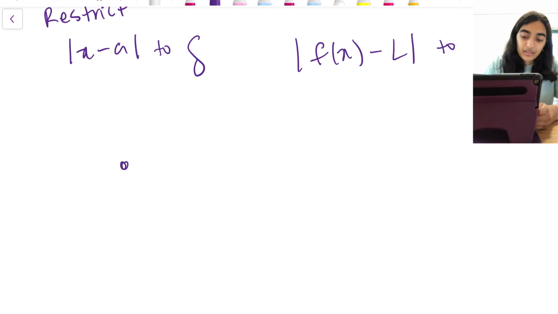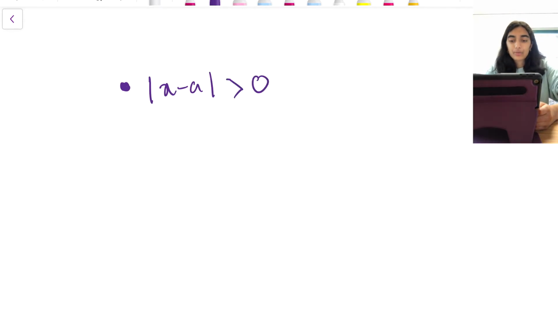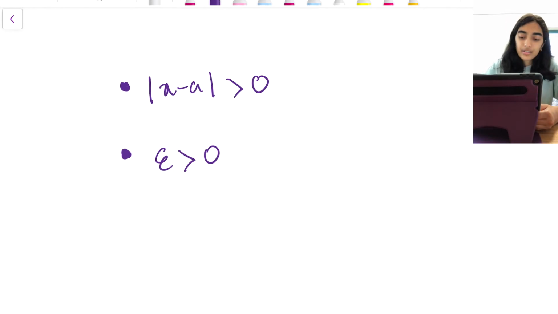There are three things. X minus a, let's say that difference is always positive, right? We're taking the absolute value and we're not going to be a negative distance away, so let's keep that convention. Let's also make sure that epsilon is greater than 0, same for f of x minus L. And our delta is going to be greater than 0.